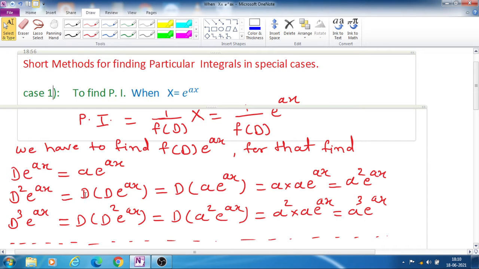So the derivative of e raised to ax is e raised to ax into the derivative of ax. So we write here e raised to ax into a. The derivative of ax is a. So the derivative of e raised to ax is a into e raised to ax.